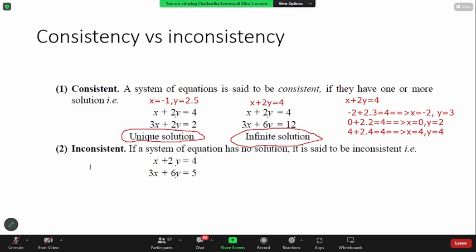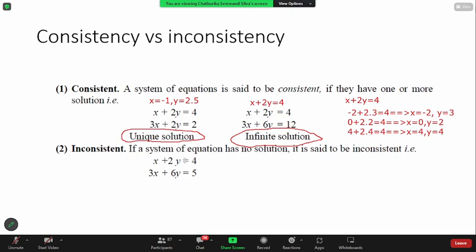Right. So then what do you mean by inconsistent? If a system of equations has no solution, it is said to be inconsistent. Solution එකක් නැති වෙන අවස්ථාව. Right.